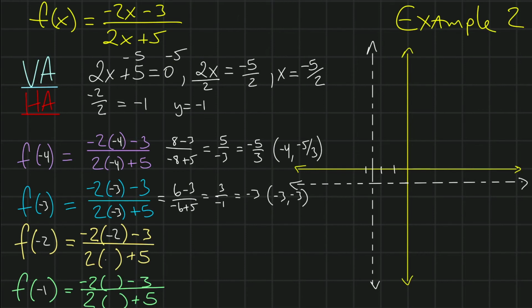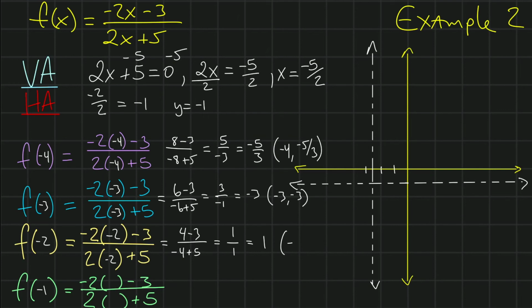When I plug in negative 2 into the function, I'm going to get a positive 4 minus 3, and then we're going to get a negative 4 plus 5. 4 minus 3 is 1. Negative 4 plus 5 is also 1. So that's going to be 1.